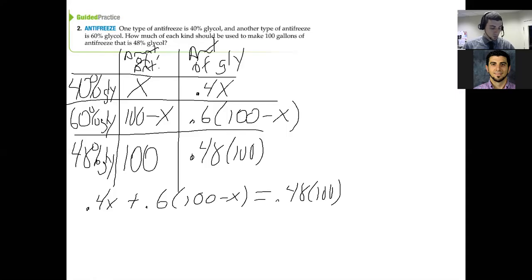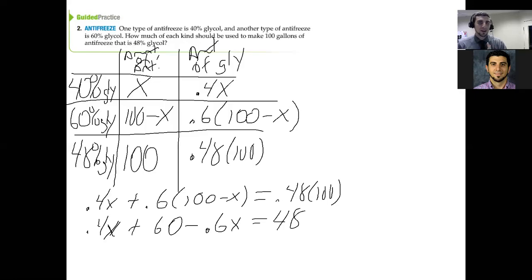All right, so we distribute: 0.4X plus 60 minus 0.6X equals 48. Now this one, be careful because you might get a negative. Like if you notice, the X's are on the same side. So if you do 0.4 minus 0.6, you get negative 0.2X.